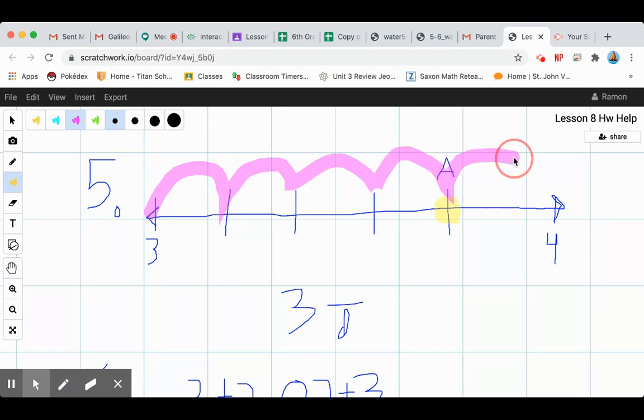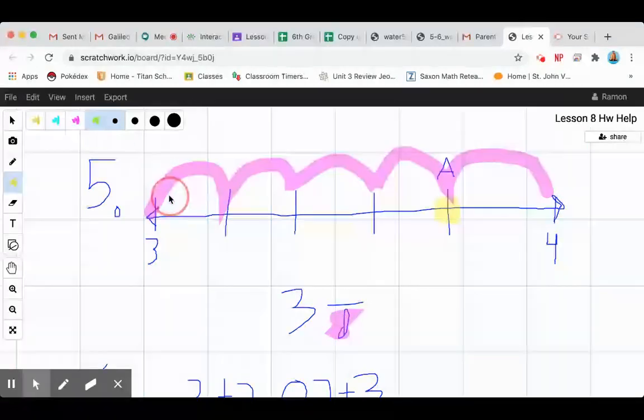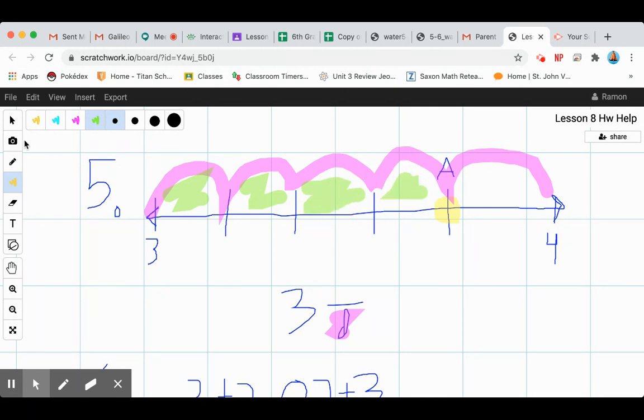That's going to be your denominator. Your numerator is going to be how many spaces or fractional parts are filled up between the whole number 3 and the graphed point, which is A. So that's going to be your numerator.